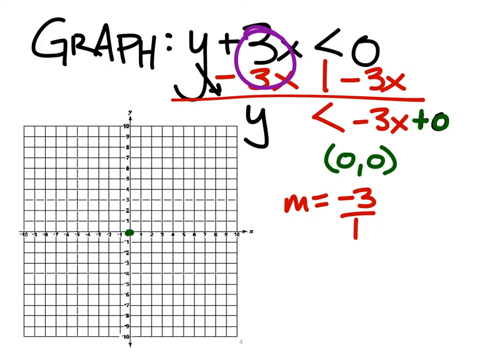And what this does is it creates a pattern for us on the graph from the y-intercept, which is (0, 0). So from there I'm going to go negative 3. Now the negative would be down 3. So I went down 3, and the one, which is positive, is going to move me to the right 1. So from there I'm going to go to the right 1, and that gives me this next point.